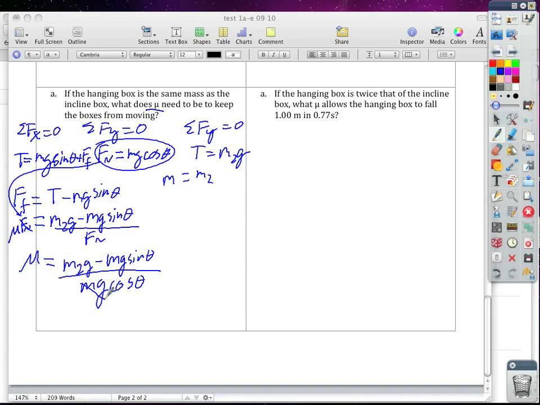And that means I can cancel out mg from everything. And so I get 1 minus sine theta over cos theta. And then that becomes 0.5 divided by 0.866. So that's 0.577. That's what mu has to be to keep it there.